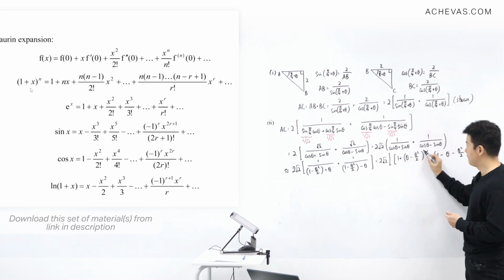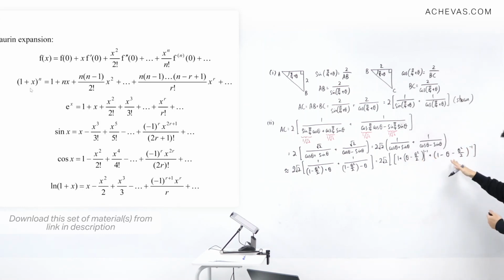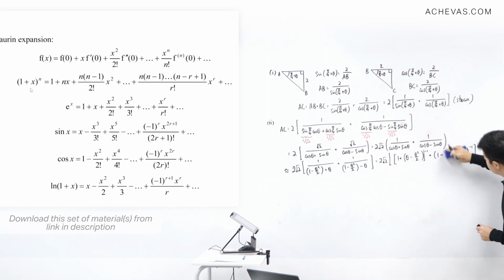This will become one term. I'll do likewise for this. I will regroup this entire expression here, these two terms, into one single term, so they can become 1 plus a variable to the power of n. Let me rewrite.